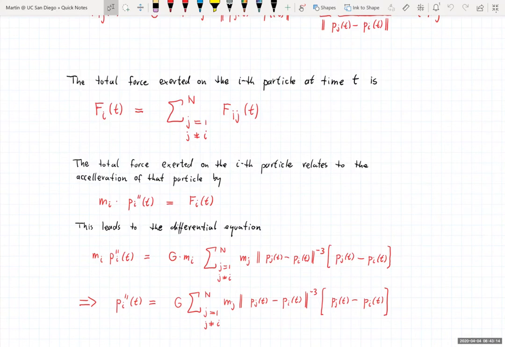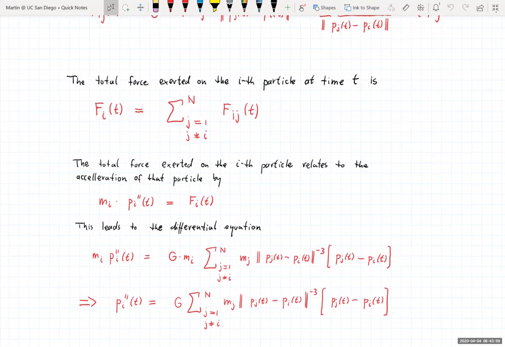So just plugging in definitions, what we get is m_i times p_i double prime of t equal to G times m_i times summing up j from 1 to n, where j is not equal to i, and each of the summands is m_j multiplied by the Euclidean norm of p_j of t minus p_i of t to the inverse cubic power multiplied by p_j of t minus p_i of t.